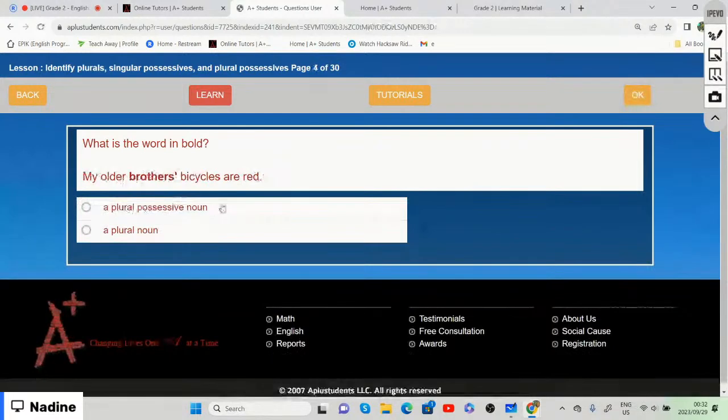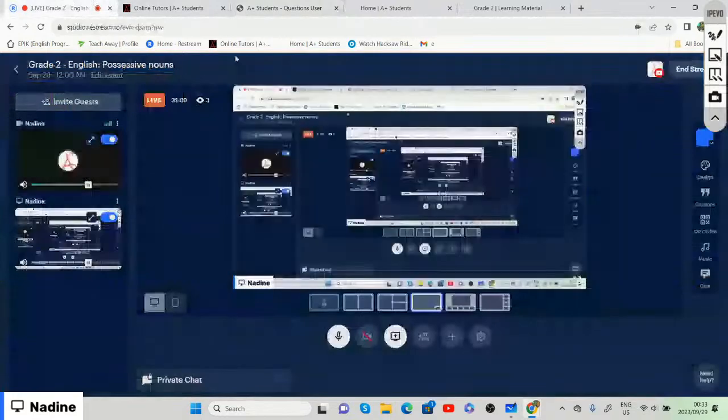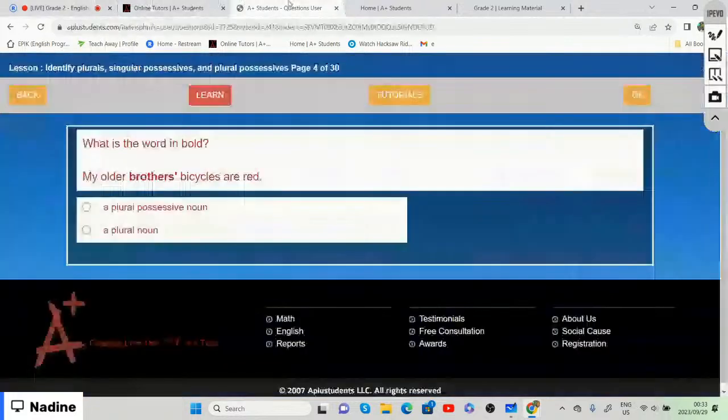My older brother's bicycles are red. So, brother's, right there is the apostrophe, right?